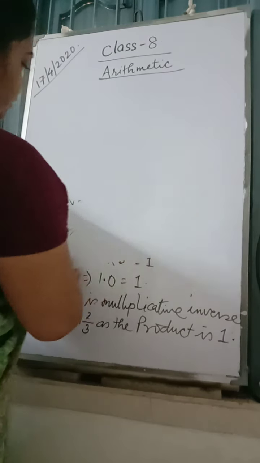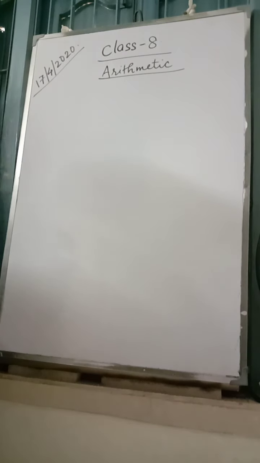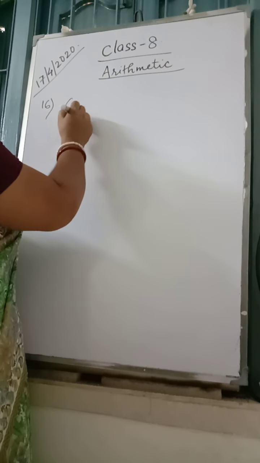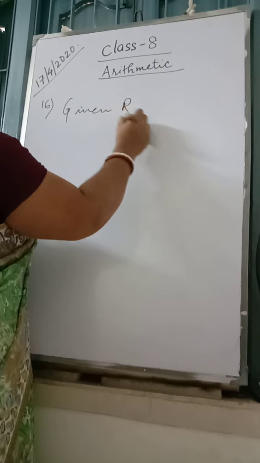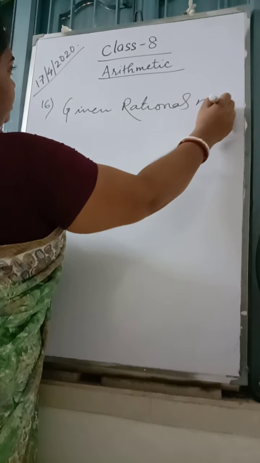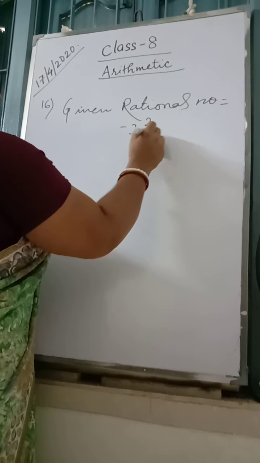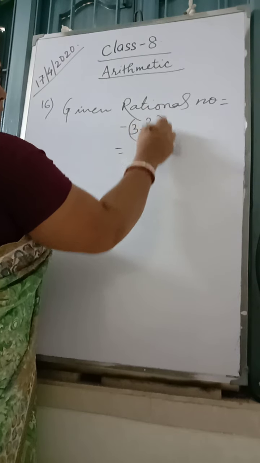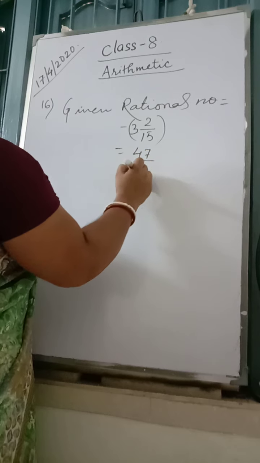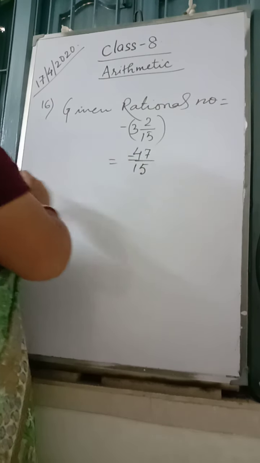Question number 16. Given rational number is minus 3 whole 2 by 15. So this gives you 15 3s are 45, plus 2, 47 by 15, and then minus 47 by 15 is the number.